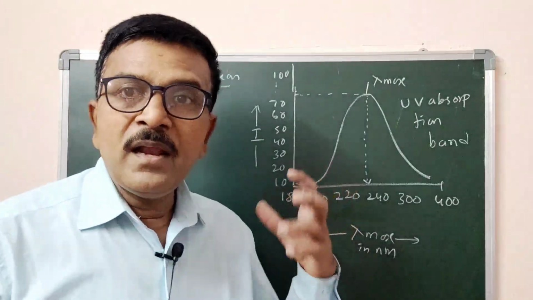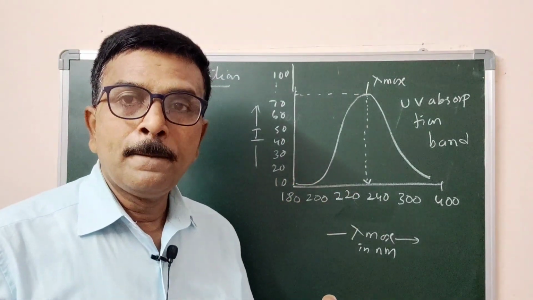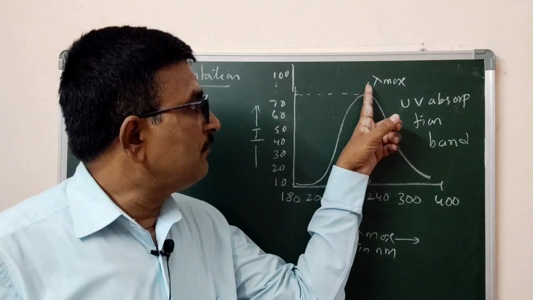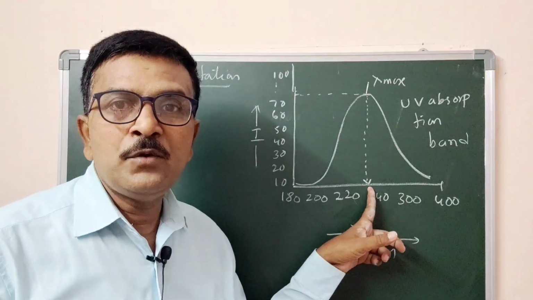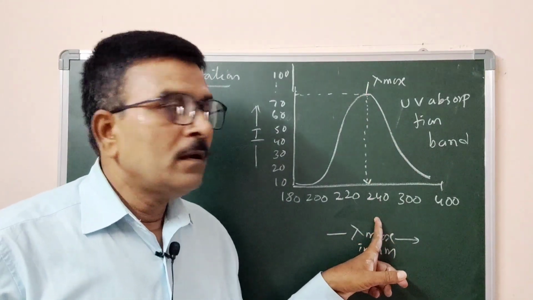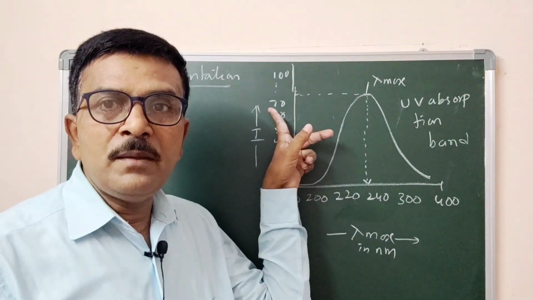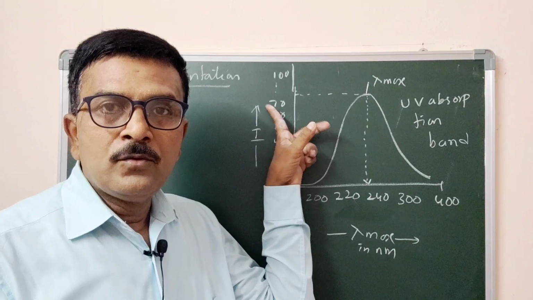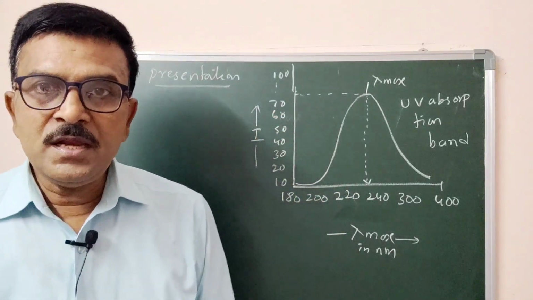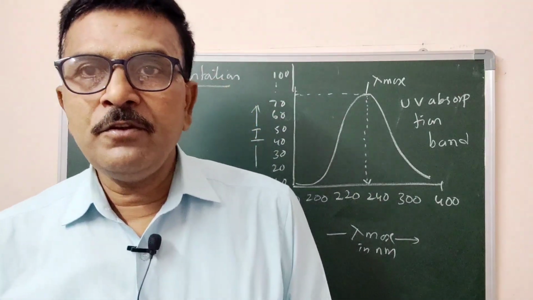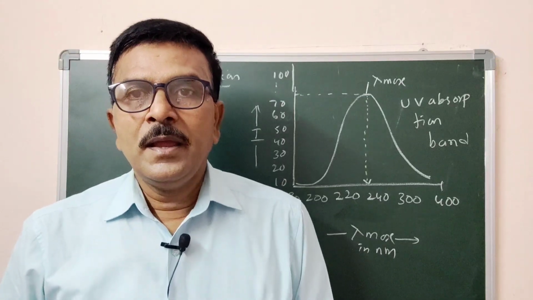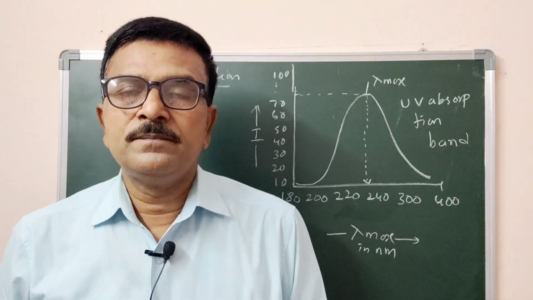Now, the sample absorbed energy at a wavelength of nearly 240 nanometer, to some extent, that is about 70% absorption. So the sample absorbed energy at nearly 245 nanometer of wavelength, about 75%.